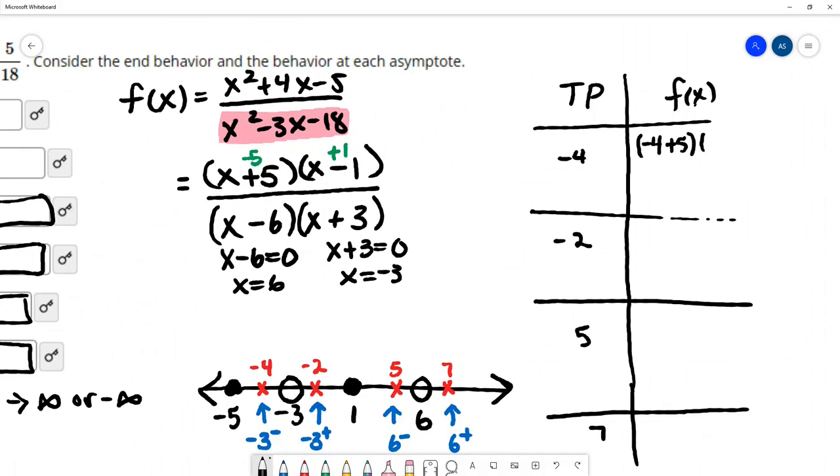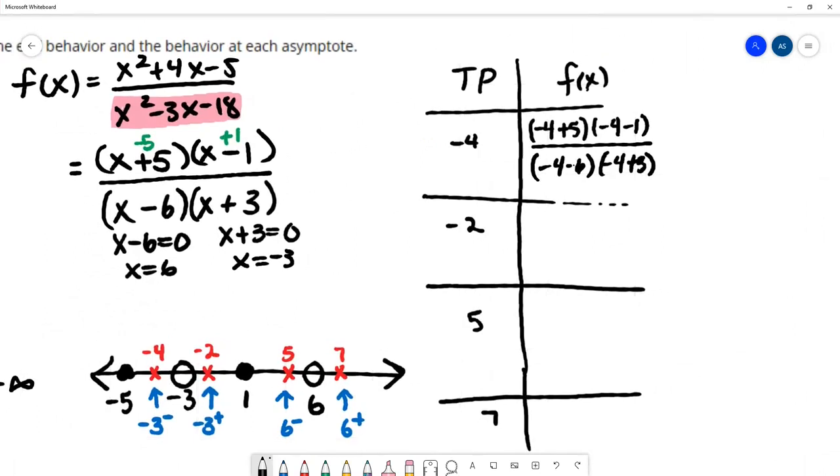It's much easier to determine the sign in factored form. Negative 4 plus 5, negative 4 minus 1, negative 4 minus 6, and negative 4 plus 3. So this is a positive times a negative over a negative times a negative. So these 3 negatives means my outcome is going to be negative, and I'll be approaching negative infinity.